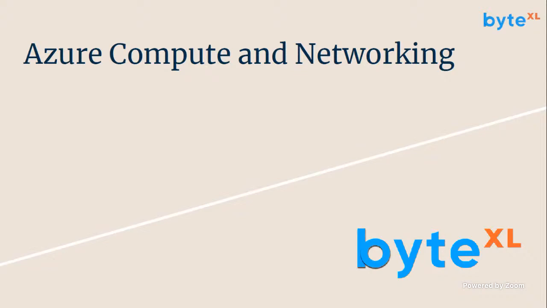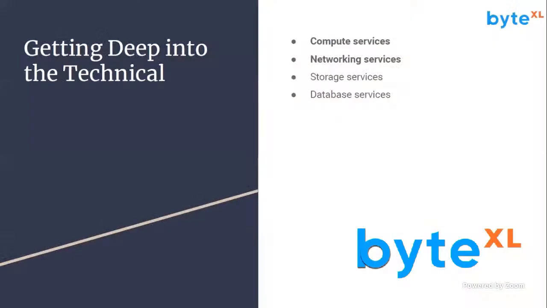So let's start with this one. In this, you will be introduced to compute and network services. You will learn about the three computing options: virtual machine, container, and Azure Functions.